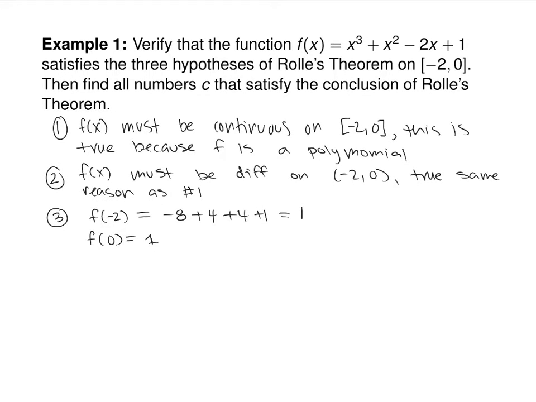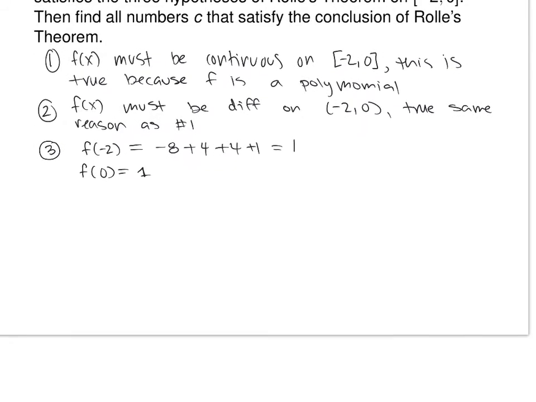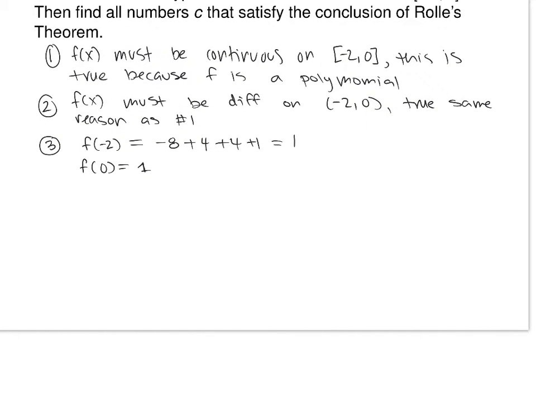Okay, so once you know those things are met, so you did the whole verifying thing, the next part says find all numbers c that satisfy the conclusion. We want to find where f prime of c is equal to 0. That's the conclusion. Is f prime of c in essence any different than f prime of x?